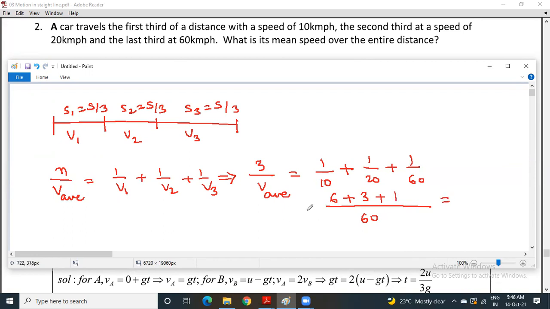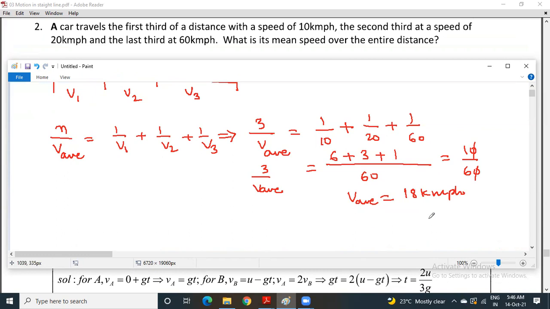So it will be 3 by V average is equal to 10 by 60. So therefore this and this get cancelled. You will get V average as 6 into 3, that is 18 kmph.